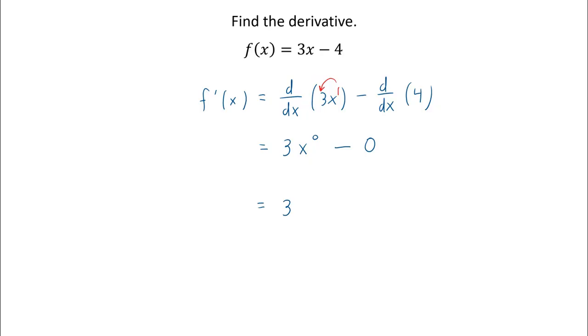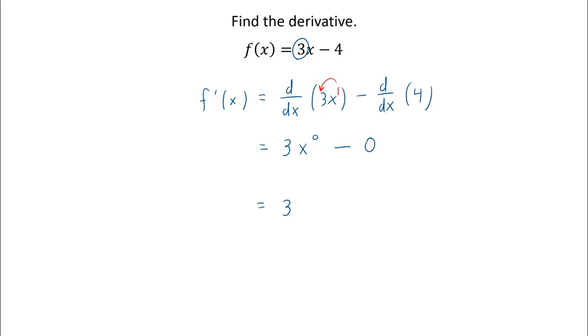And this makes a lot of sense if we think about it. We're trying to find the slope of the function 3x minus 4. 3x minus 4 is a linear function that has a slope that is unchanging. That slope is always the same no matter where we try to identify the slope along that line. It will always be 3.